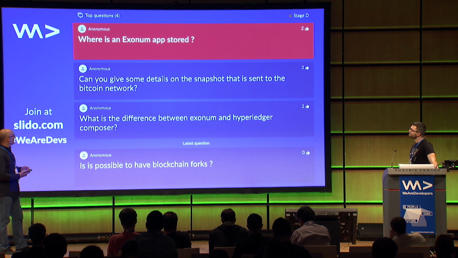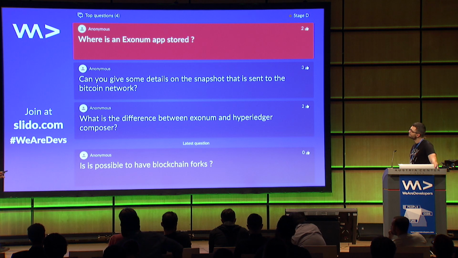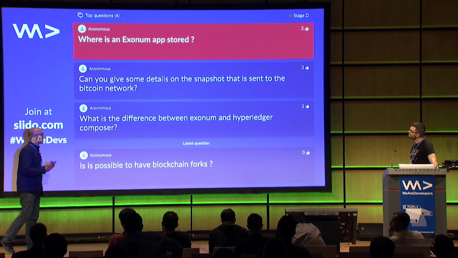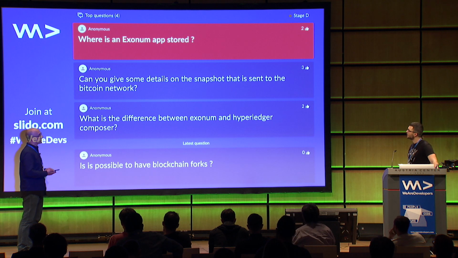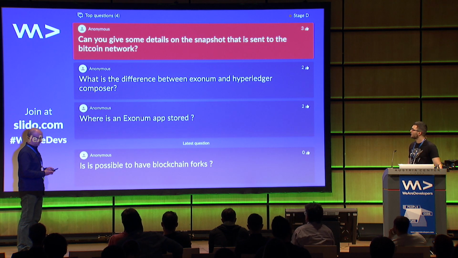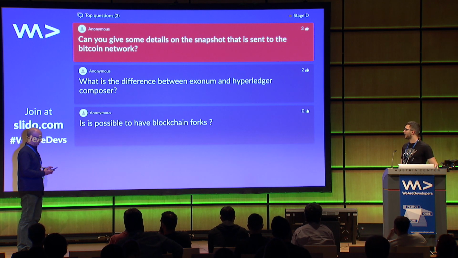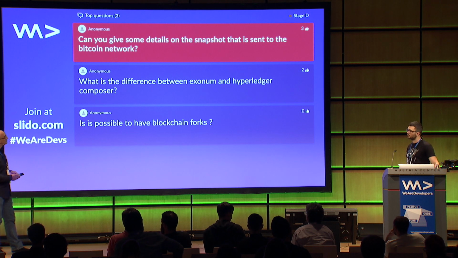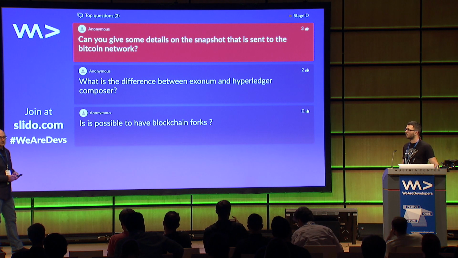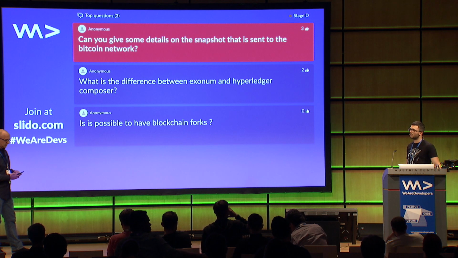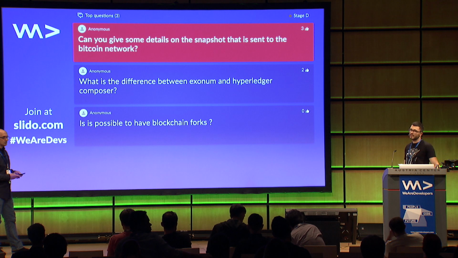Yeah, I guess, and then another related question would be, can you give some details on the snapshot that is sent to Bitcoin? Yeah, sure. Basically, this is a hash of the corresponding block. For example, we may take a hash of each 10th block, or take a hash of a block once per hour or once per day.